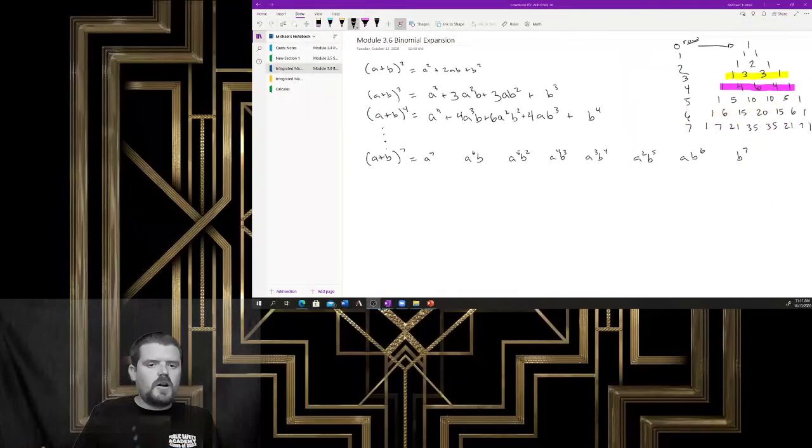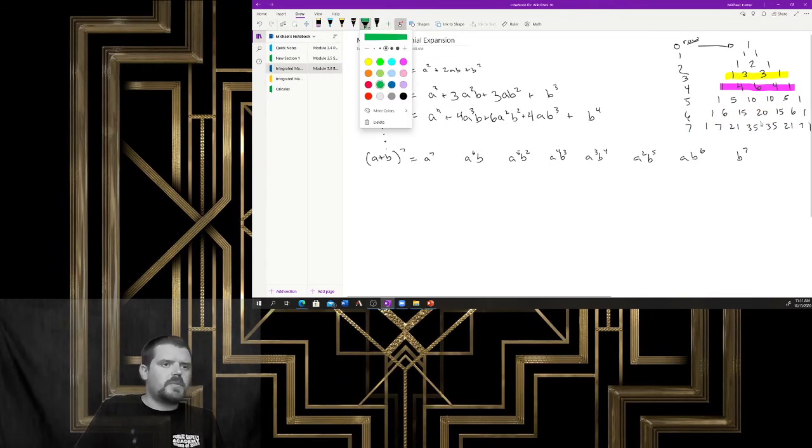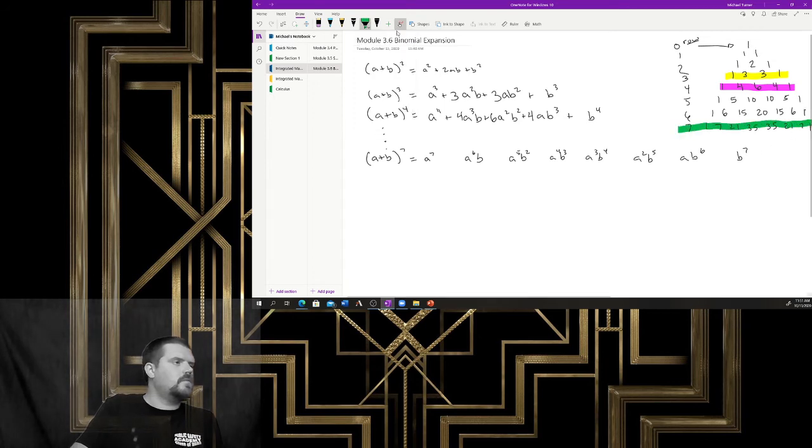So just like before, I'm going to go through here. I'm going to look at my 7th row, and you could go higher than that. I just included 7 for our purposes. I don't think I gave you anything higher. So look at the 7th row, and those are my coefficients. So 1, 7, 21, 35, 35, 21, 7, and 1.